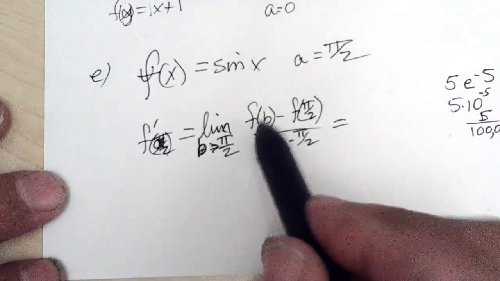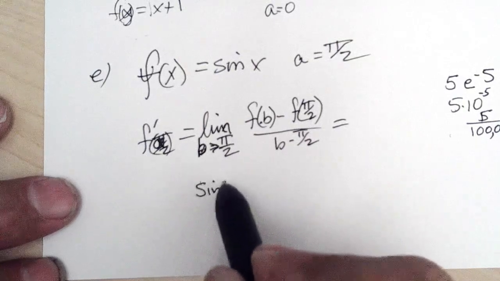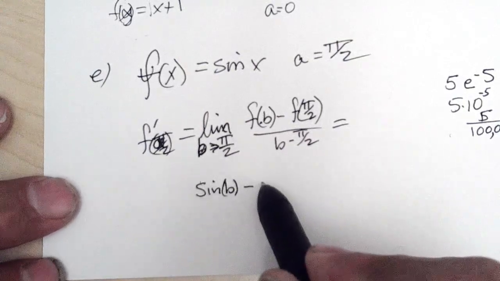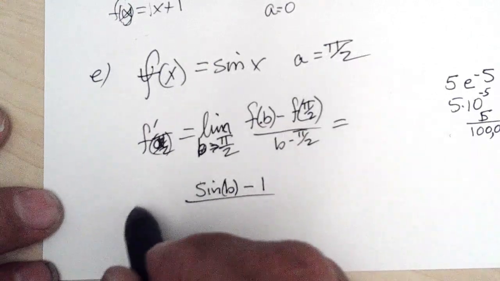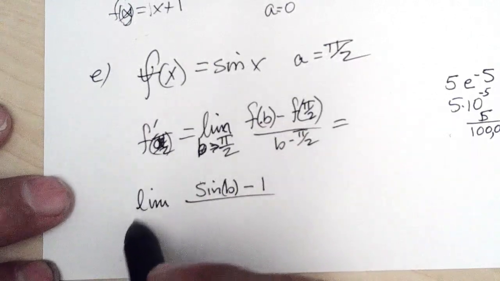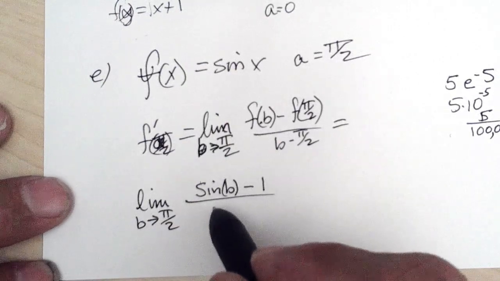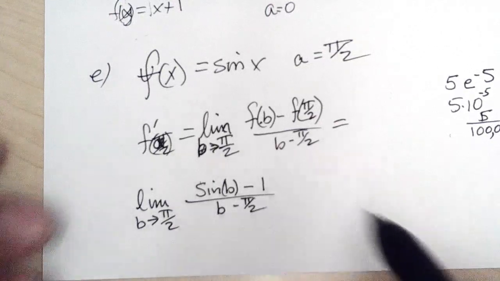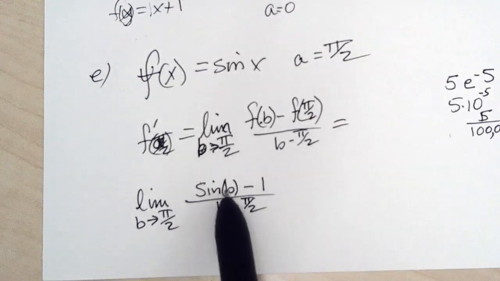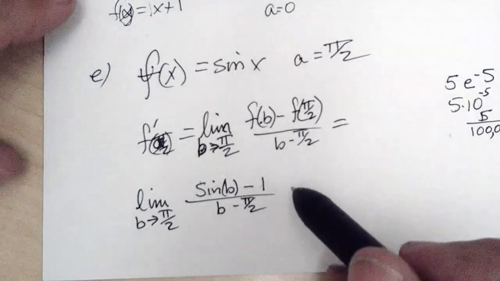And f of b would be sine b minus sine of pi over 2, which is 1, over b minus pi over 2. I forgot my limit. To algebraically try to simplify this so that we could get rid of this is a problem.